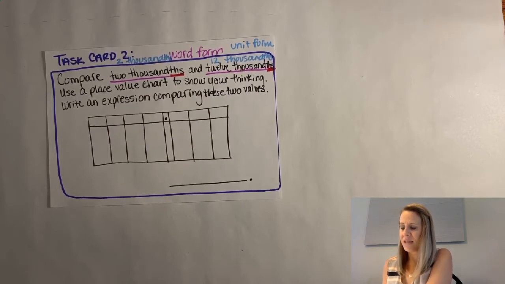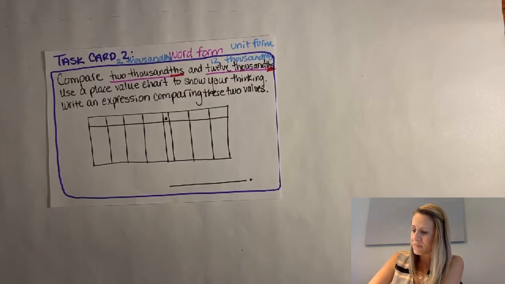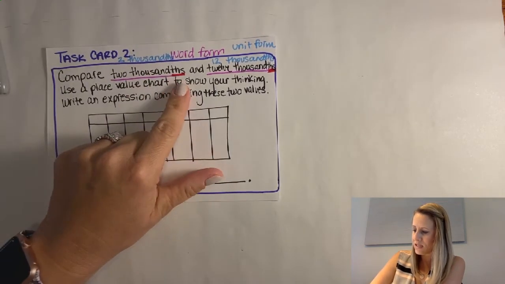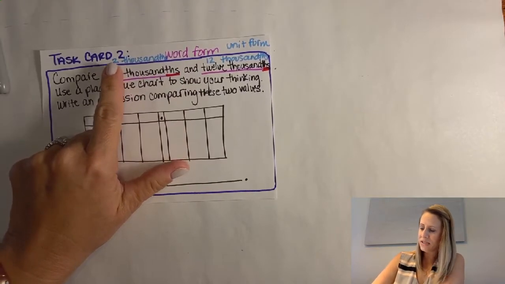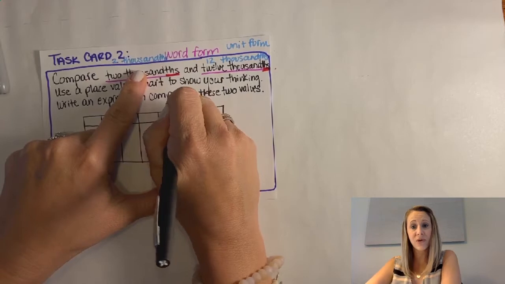That means I need to put 2 items, or the number 2, in the thousandths place. Remember, this is my tenths. This is my hundredths. And this is my thousandths. So I'm going to place a 2 in the thousandths place. You do the same on your paper.